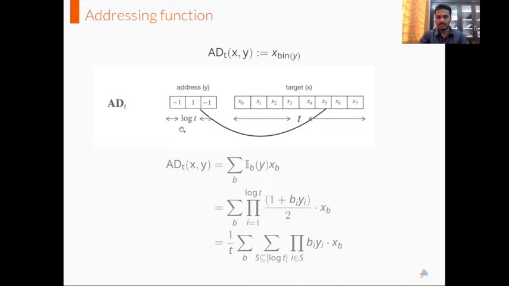So you can convince yourself that this expression is indeed computing the addressing function as we defined before. This indicator can be written as this polynomial, and when you expand this polynomial, you get this expansion for the addressing function. Again, the thing to note here is that the absolute value of all the Fourier coefficients here is 1 by t.